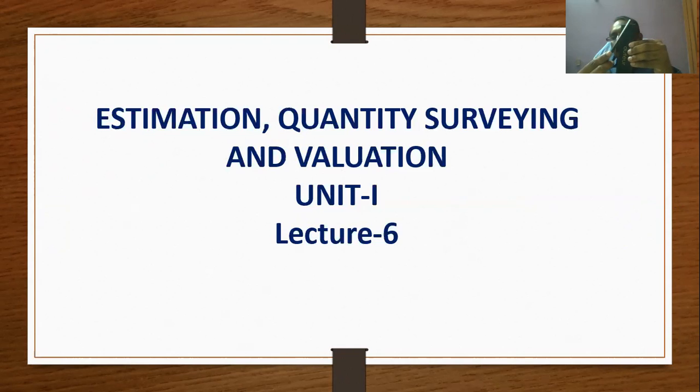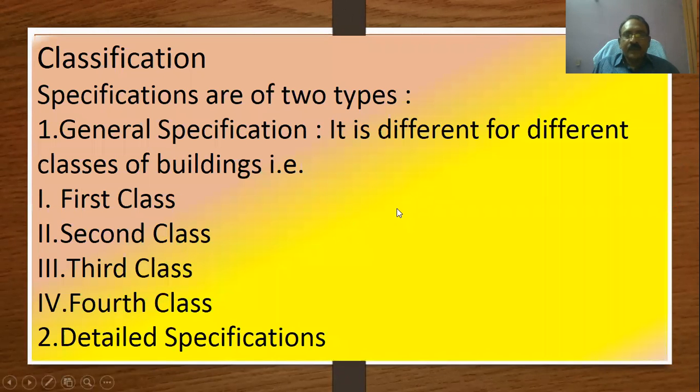So what is the volume? 3 into 2 into 2, that is 12 cubic meters. The unit for volume is cubic meter. If you understand these basic concepts, in the second unit it is very useful, as we have to calculate different items.